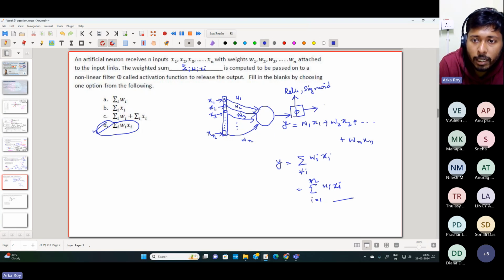And then what you get is sigma of y, or you can write it as sigma of summation Wi xi. So this is the heart of any neural network. You get a weighted sum, then you apply a nonlinear filter to get this sort of equation. And this is the output of the final operation.